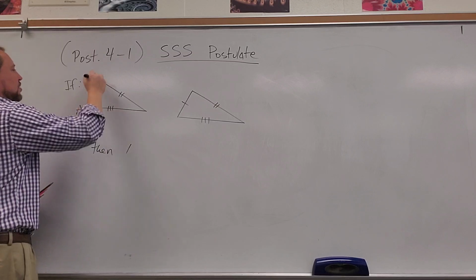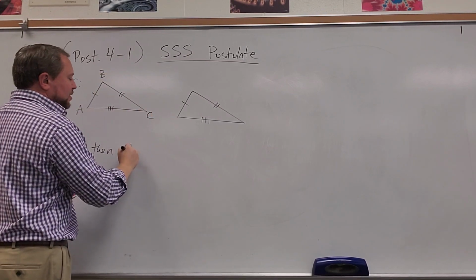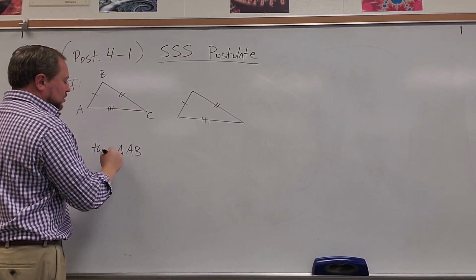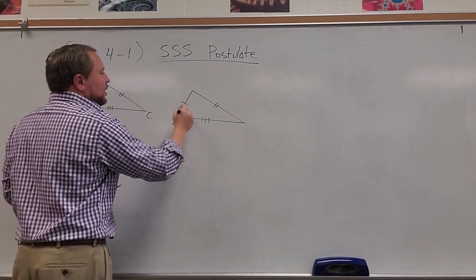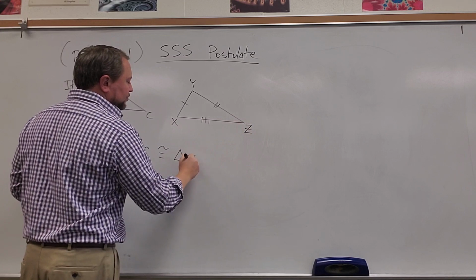So then I can show that triangle ABC up here is congruent to triangle XYZ.